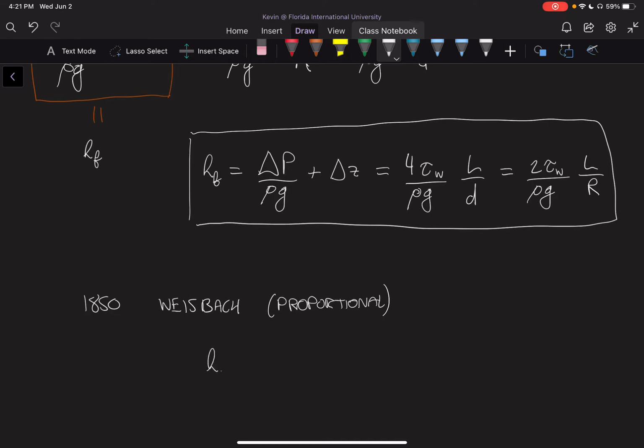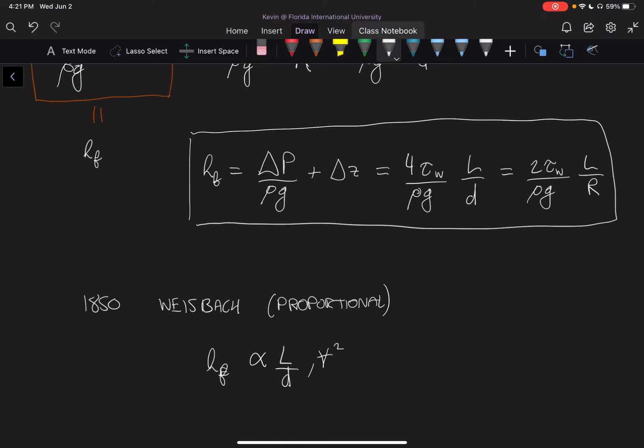He found that HF, the head of friction, is directly proportional to L over D, the length over the diameter, and also to velocity squared.